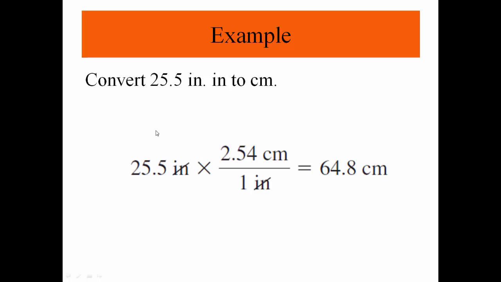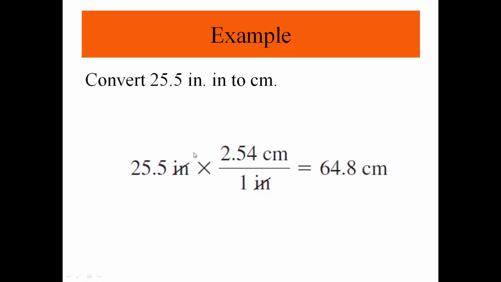Another example: convert 25.5 inches into centimeters. Again, we need to write the conversion factor, but we need to write it upside down in order to cancel these two units. So we have 25.5 inches times 2.54 centimeters divided by 1 inch.